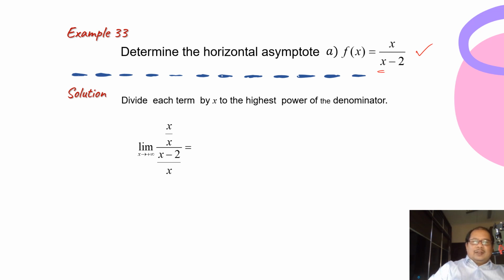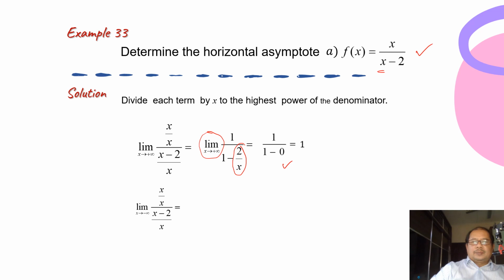Okay, kita divide all term by x. And then you simplify. Tapi kita tahu kat sini, limit x approaches infinity bagi 2 over x becomes 0. So, you get 1. And then, sebenarnya dekat sini pun kita telah boleh buat kesimpulannya. Yang inilah nilai y. So, that means y equal to 1 adalah horizontal asymptote.